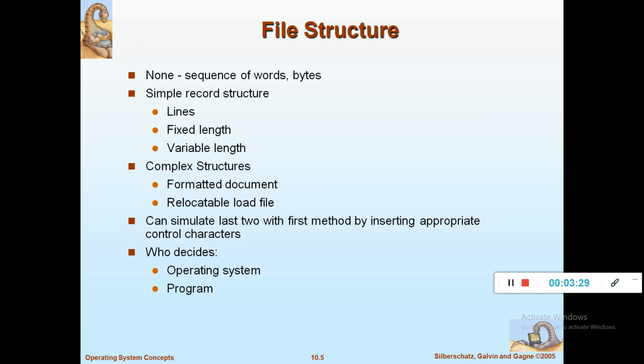Some complex structures are also used to represent files, that is a formatted document and relocatable load files. So these are two more structures of files that are maintained in the computer system for maintaining the file systems.